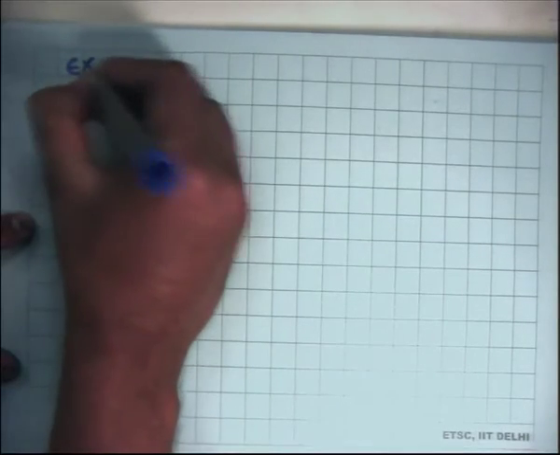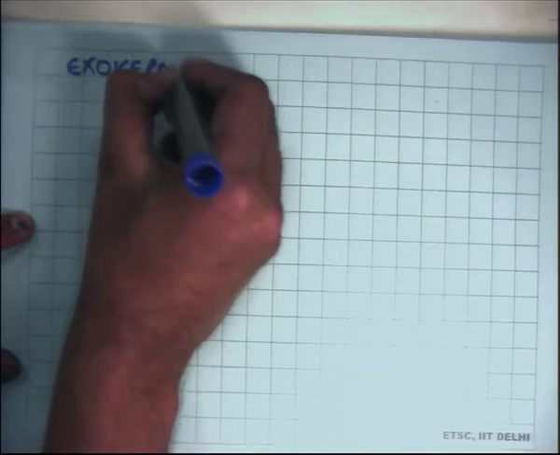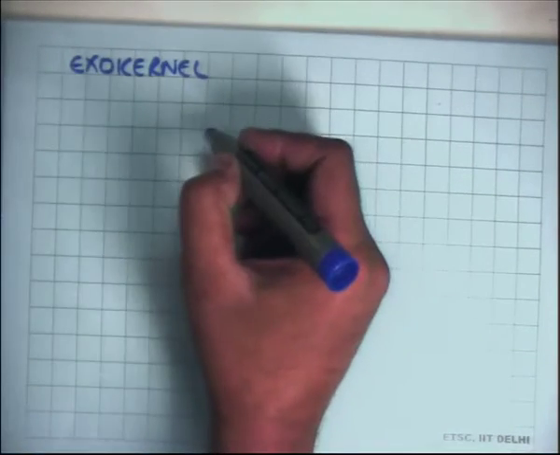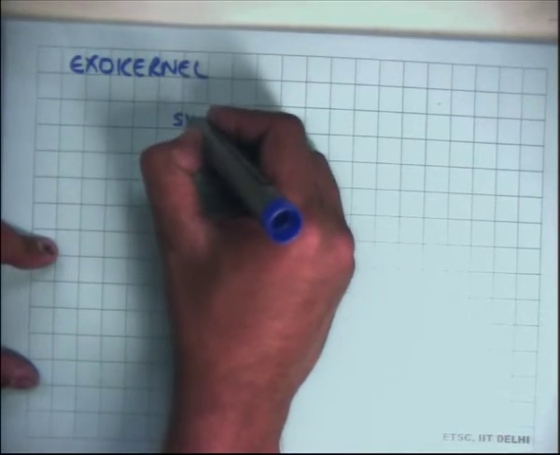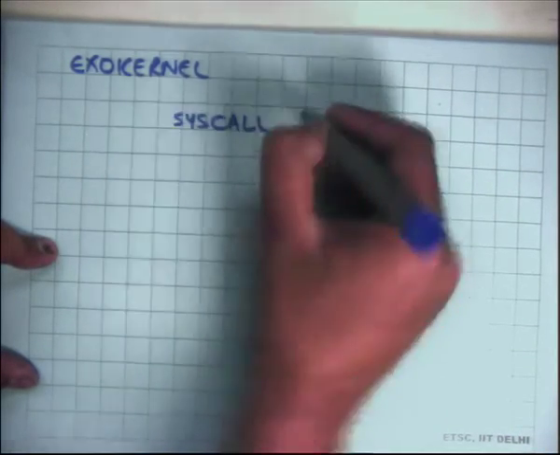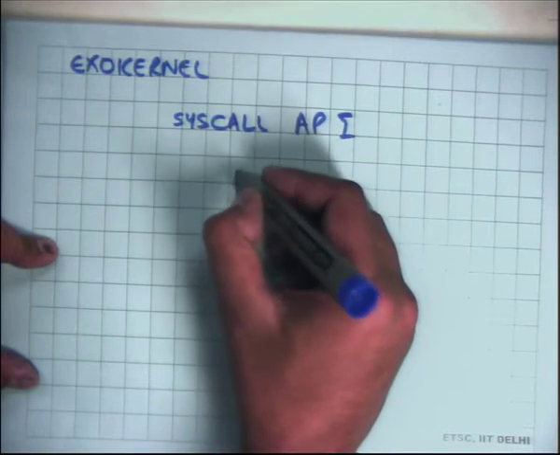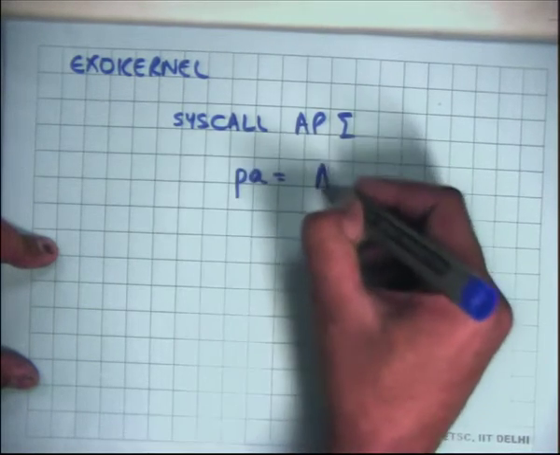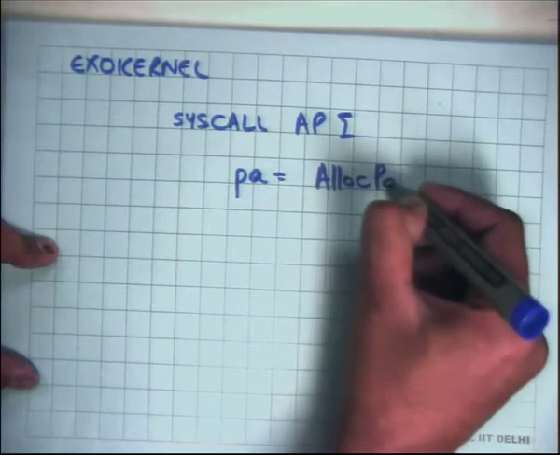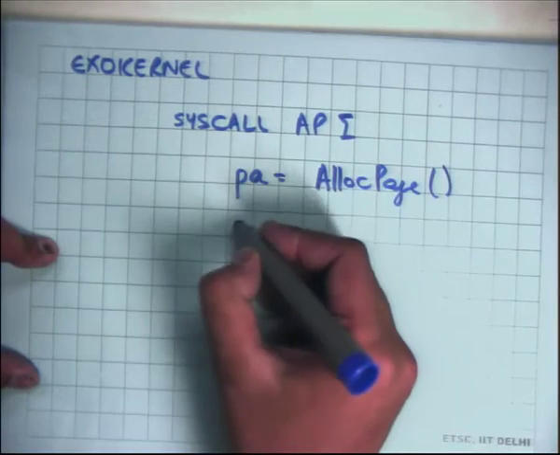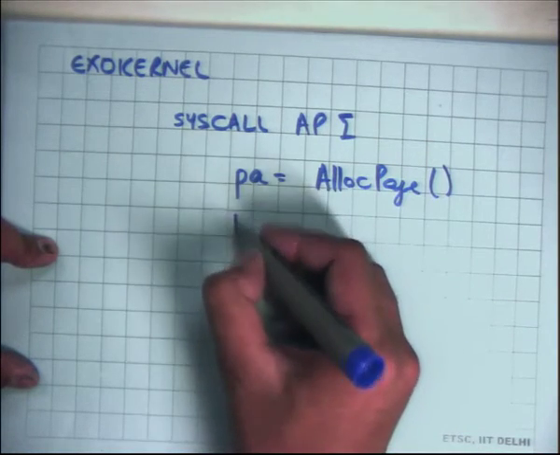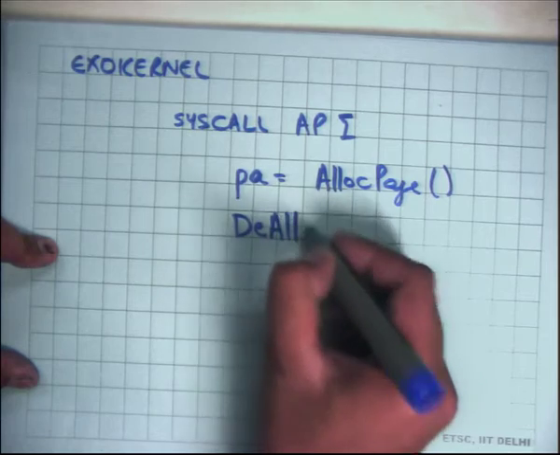So let's say I'm using the Exokernel example. My system call interface, syscall API, looks something like this. Physical page is equal to alloc page. Then there is dealloc page.